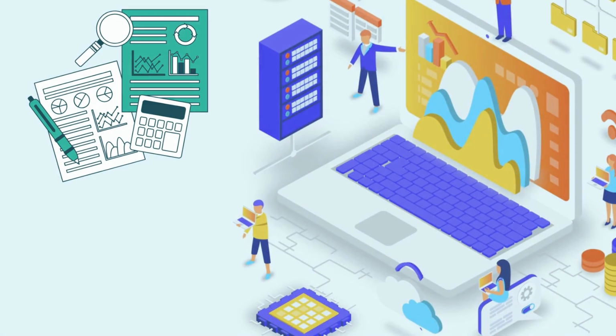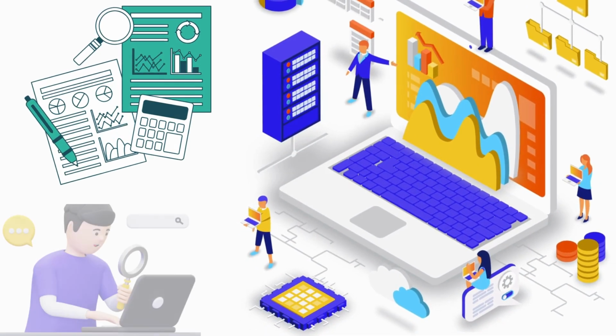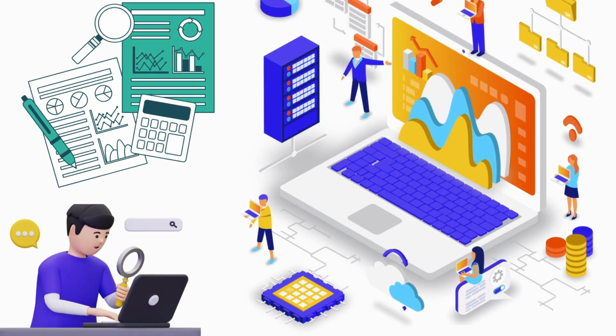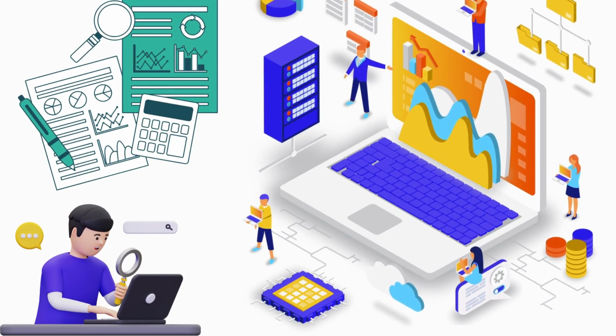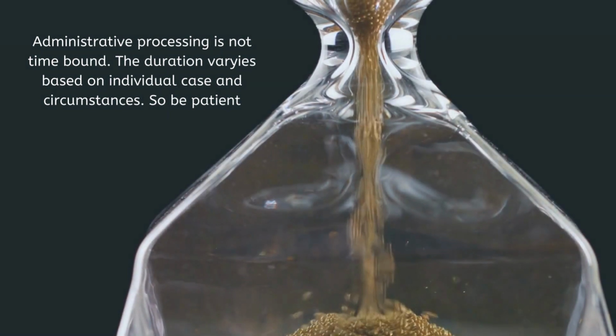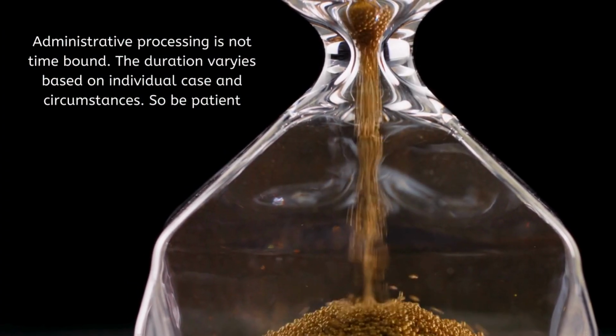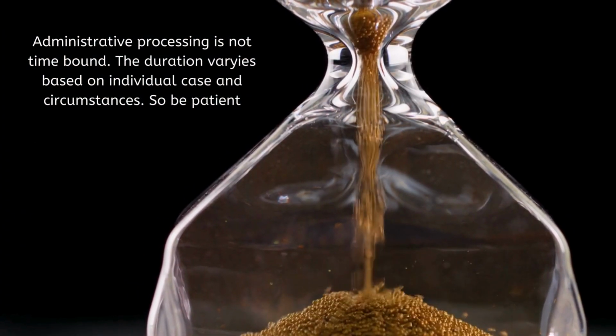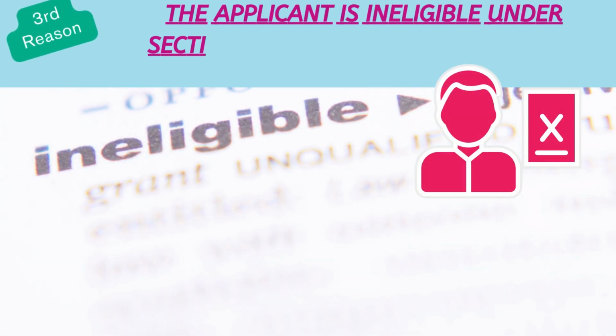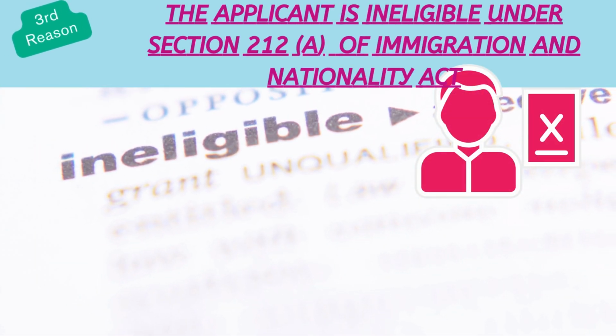Once the processing is complete, the embassy or consulate will contact you. Normally, administrative processing takes additional time and the durations vary based on individual cases. So please be patient.